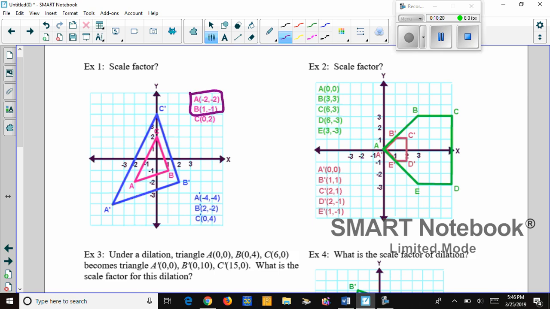Well, what I need to do is find that from -2 to 1, that is a distance of 3, and I'm going to use Pythagorean theorem. From -2 to -1, that's a distance of 1. And I'm going to figure out what that missing piece is. 9 plus 1 equals c squared. Take the square root of 10.